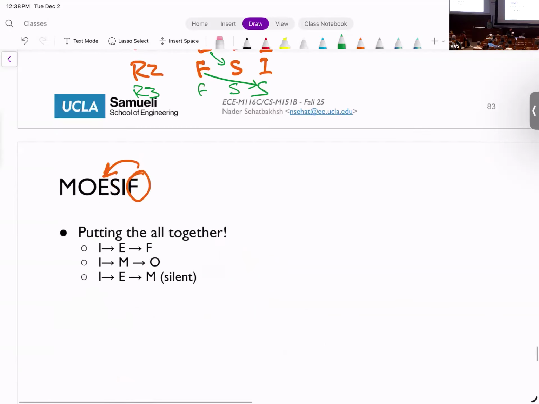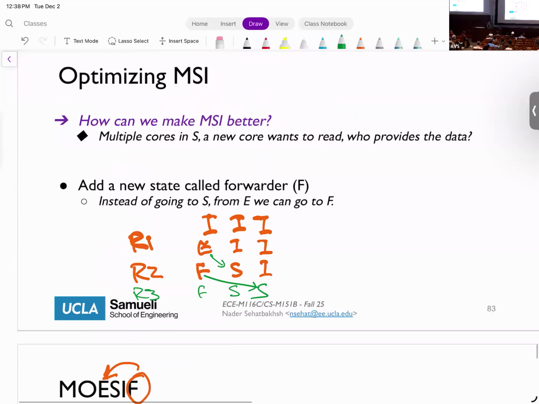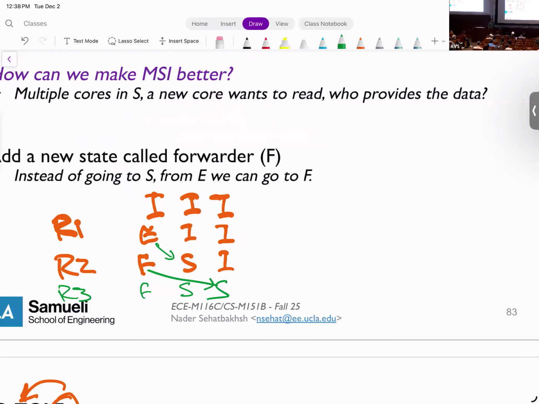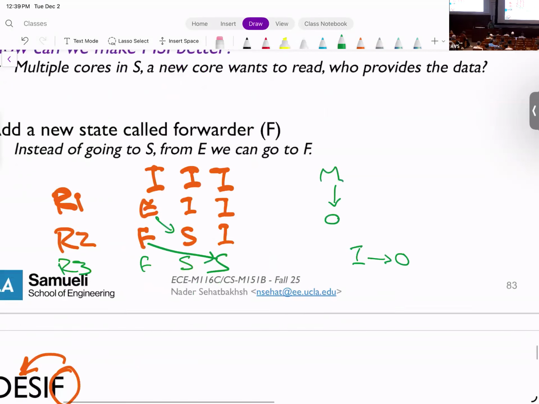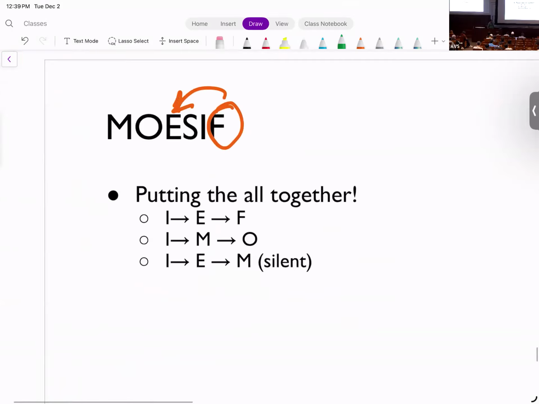All right, so yes. You can have O here as well. O is for the dirty, right? So O is from M. From M you go to O. From I you don't go to O. So here are the transitions. From I you go to E if you're the first one, the exclusive one.